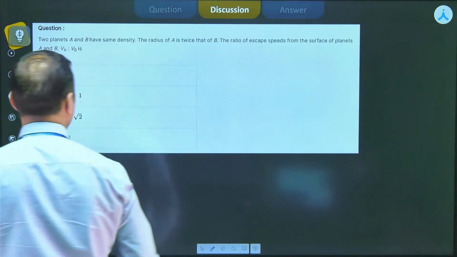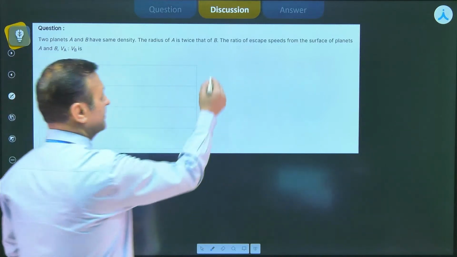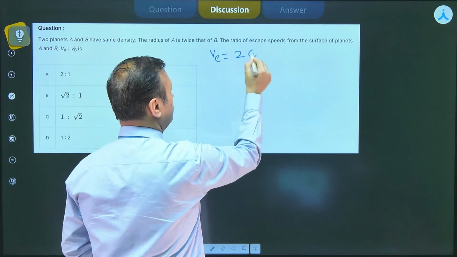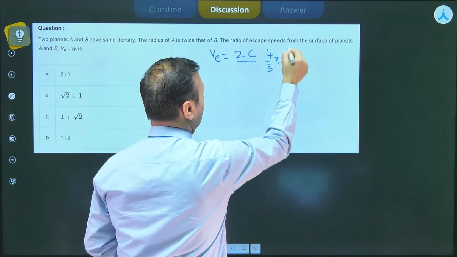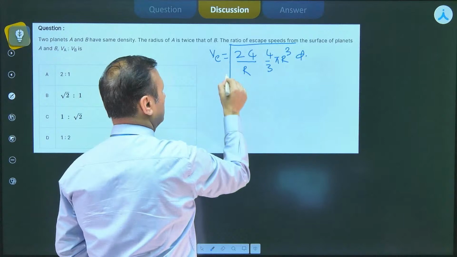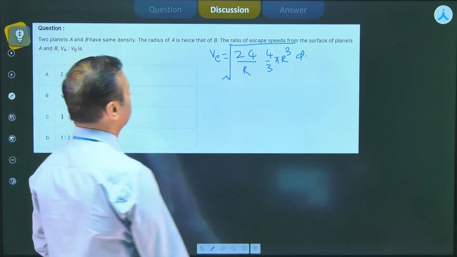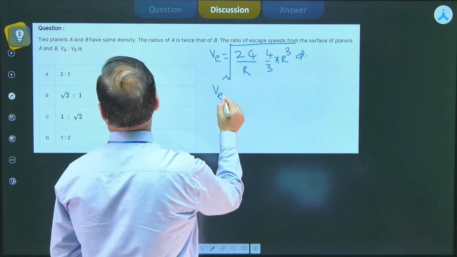Two planets A and B have the same density. The radius of A is twice that of B; find the ratio of escape speeds. So escape speed is root of 2G times mass in terms of density, by R, the whole under the root. You got it or not? Now we have to find the escape speed from the surface of planets.